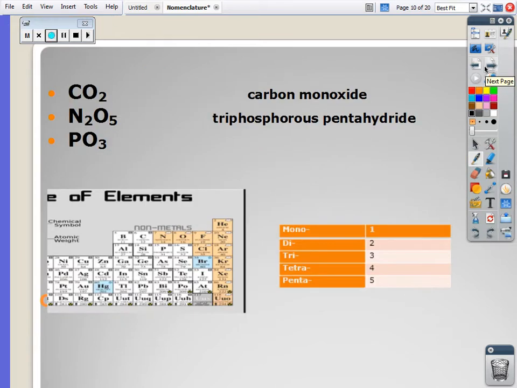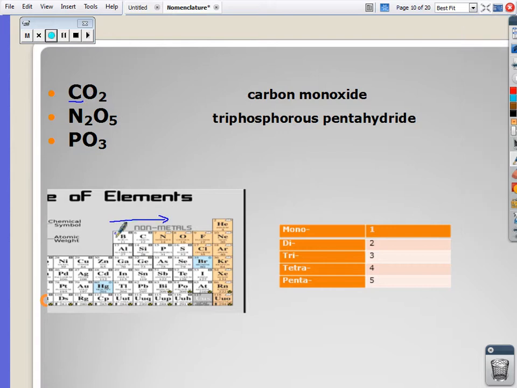So I've kind of cordoned the periodic table off here, and if you look, the very first element here is a nonmetal, carbon. It's on this side of this line, isn't it? So here's carbon, a nonmetal, nitrogen, a nonmetal, phosphorus, a nonmetal.